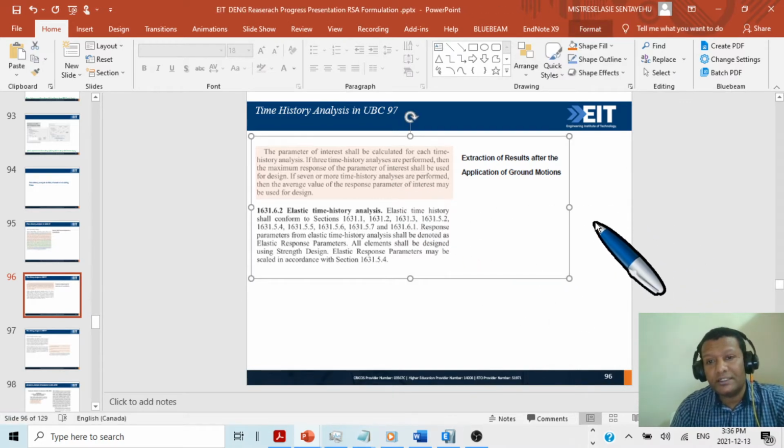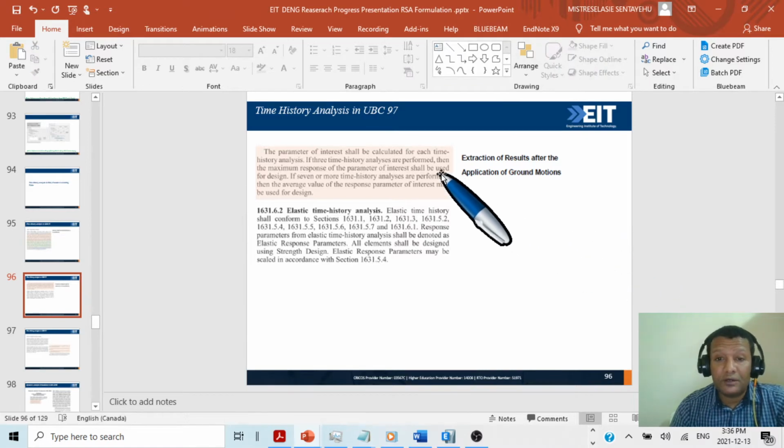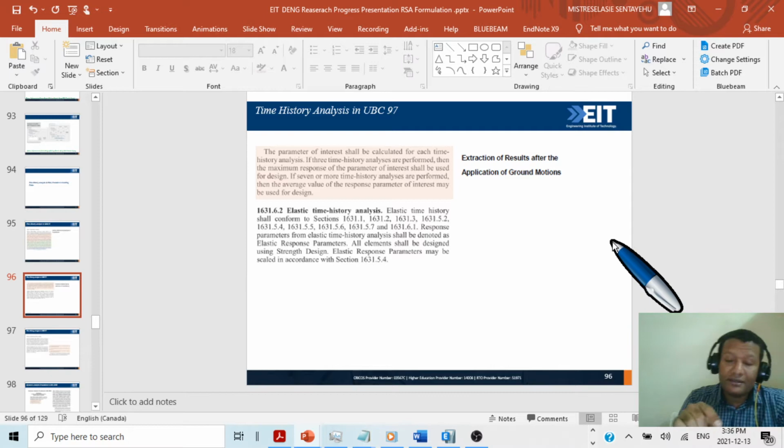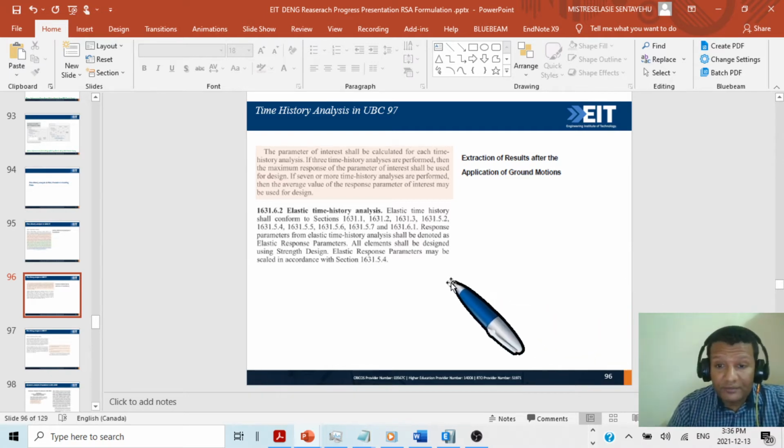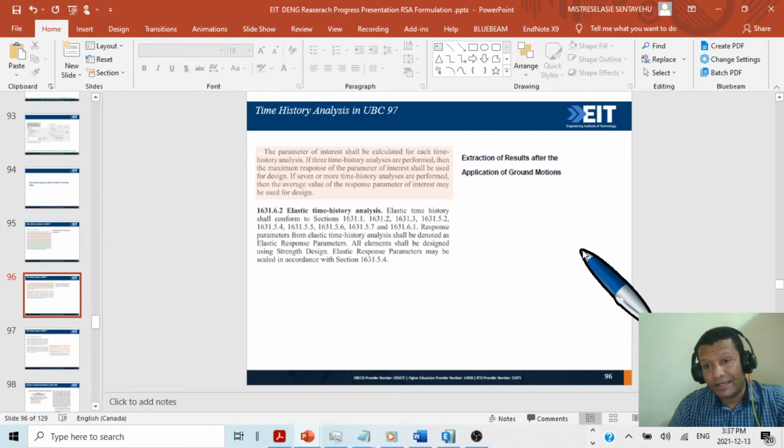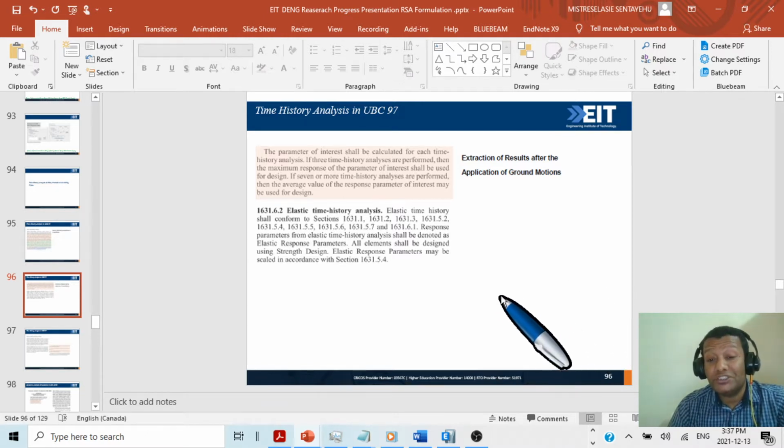I will show you in the system how to find the mean value, but the takeaway here is, once we have our design response spectrum, whatever ground motion we extracted from the PEER website or USGS, when we forcefully match it with our design response spectrum, the response will be forced to be the same.